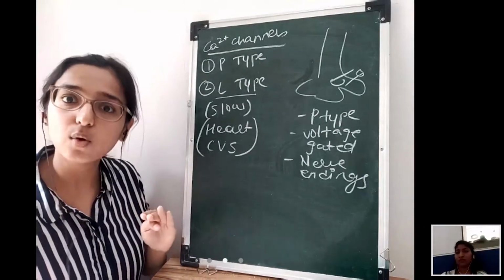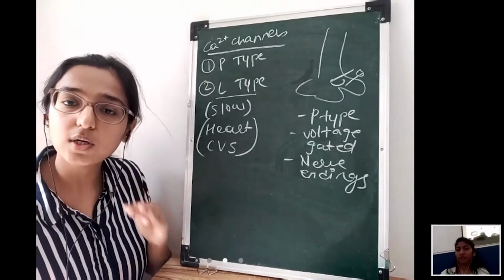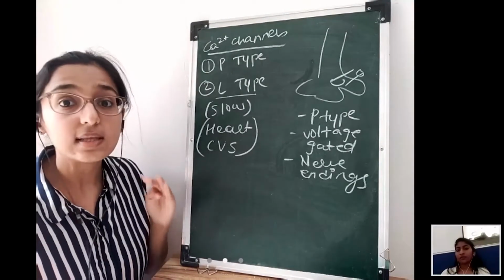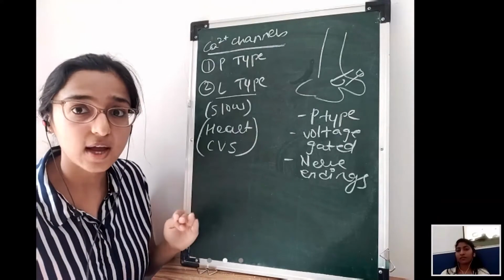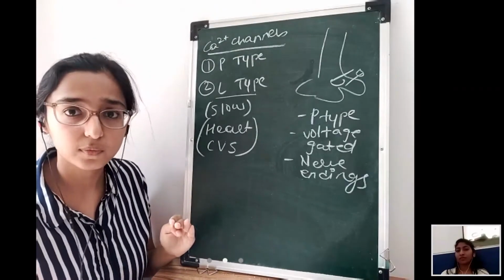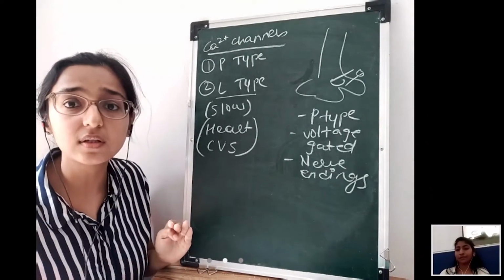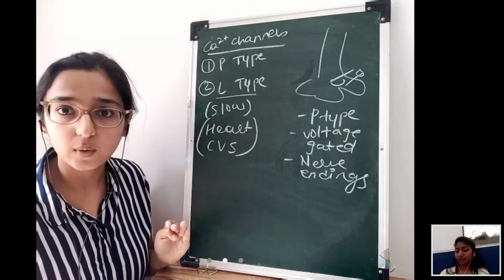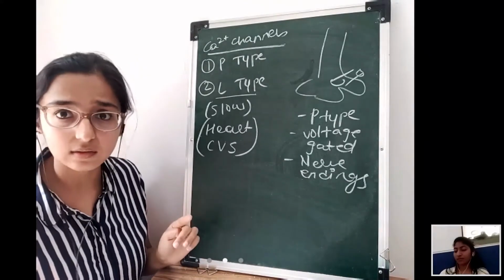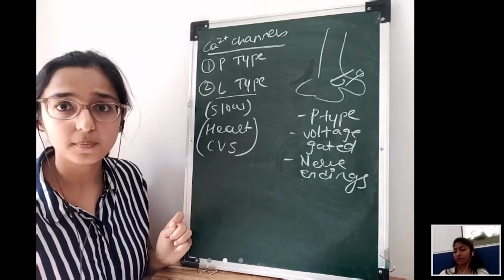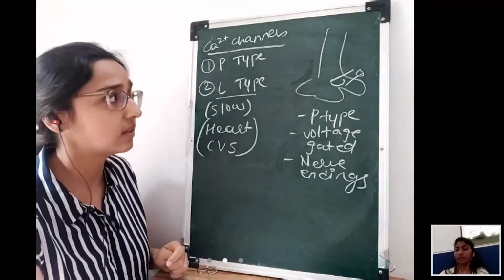You should confidently say no, because these drugs act only on the heart and the cardiac tissue. They do not act upon the calcium channels located in the nerve endings. So it does not interfere in the nerve conduction. This is one thing that you have to have clear. Is this understood? What we are mainly concerned with here is the P type.